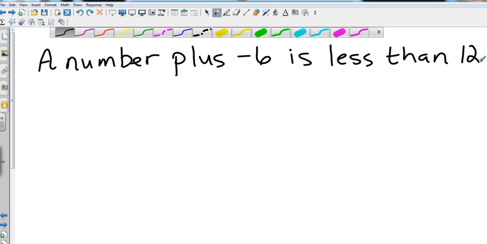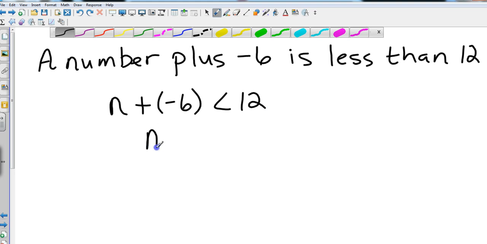So they would want you to actually create the inequality equation and solve it. So I would have a number. I can let it be anything. I'm going to let it be n in this case, just to stand for a number, plus a negative 6 is less than 12. So that's going to be n minus 6 is less than 12.